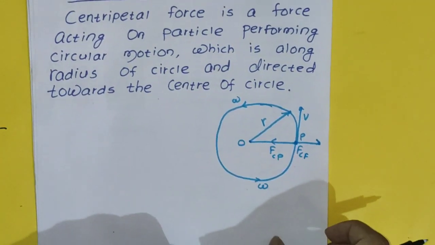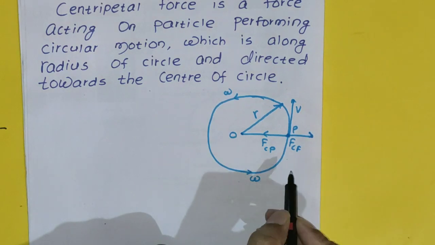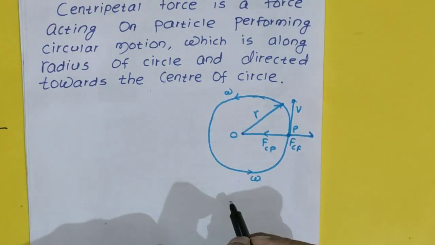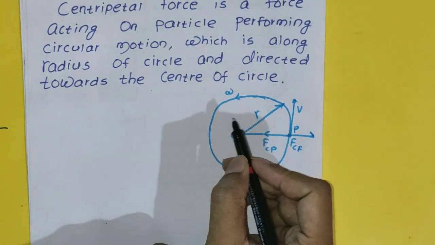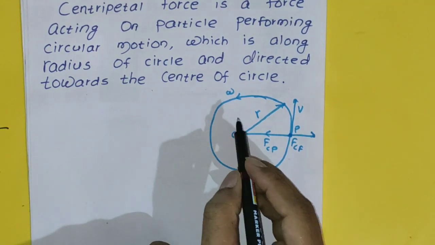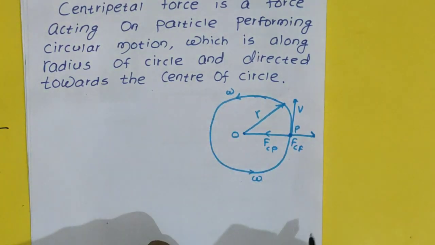Here the particle whose mass is m is performing circular motion. When it is performing uniform circular motion, omega is the angular speed, r is the radius vector.